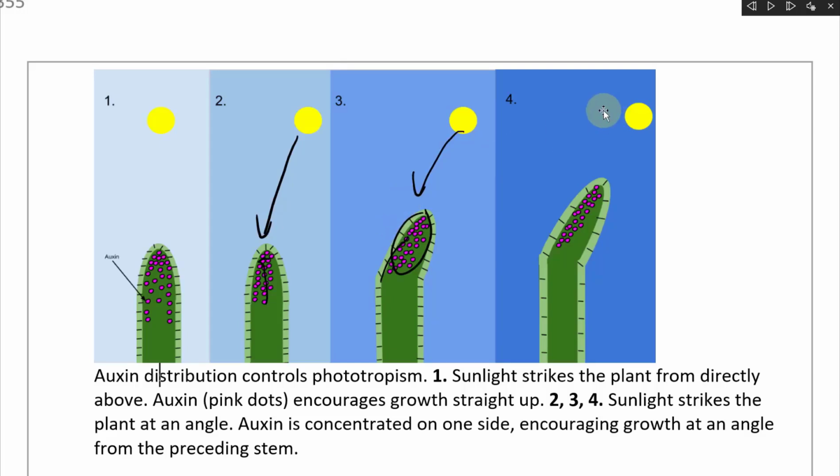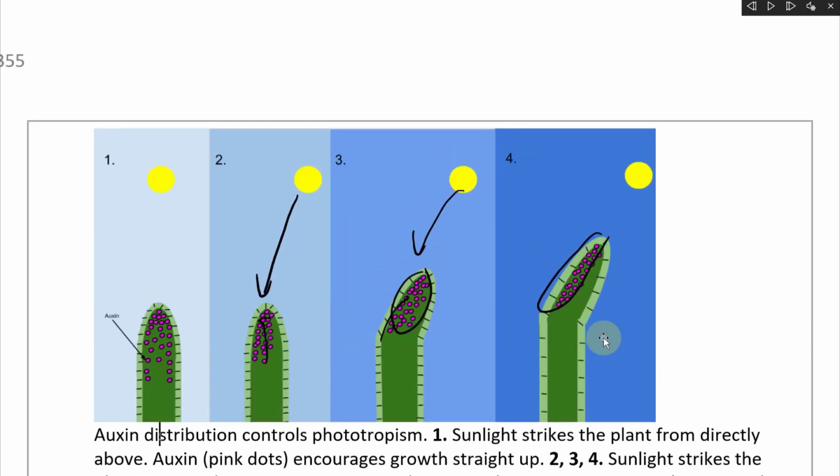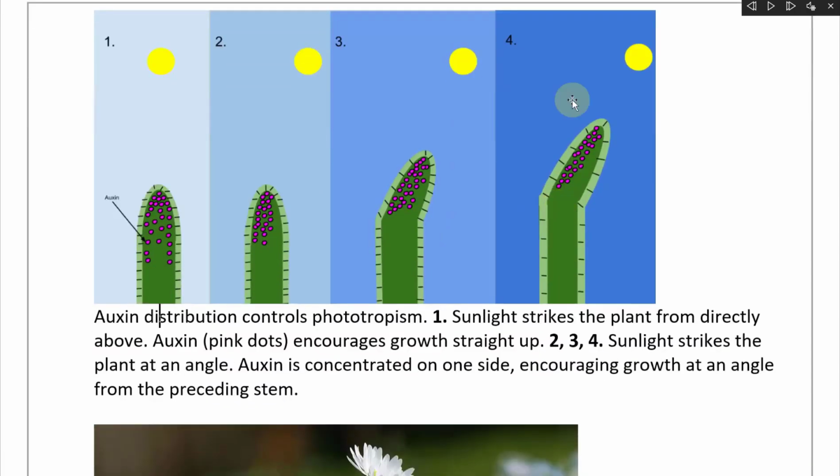As it goes even further, you have a whole bunch on this top side. Auxin is concentrated on one side, encouraging growth at an angle from the preceding stem. Basically it can sense where the sunlight is, and then it moves accordingly, and that drives the directional growth. That's very interesting.